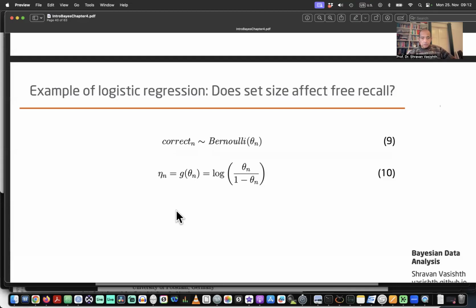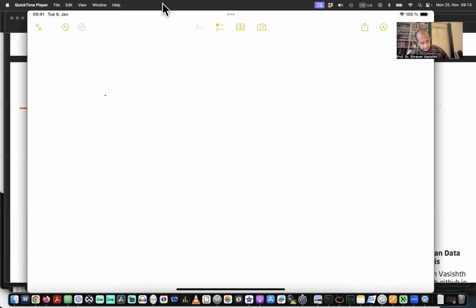we are going to model a transformation of the probability of producing a correct response in the nth row in the data frame. First of all, we're going to transform the probability to odds. That's theta over 1 minus theta, where theta is the probability of success.